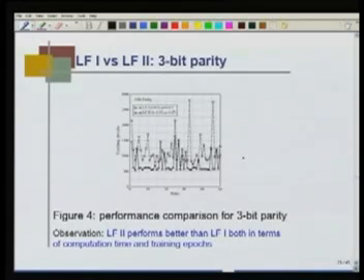So mostly you see again that LF2 performs better than LF1, both in terms of computation time and training epochs.